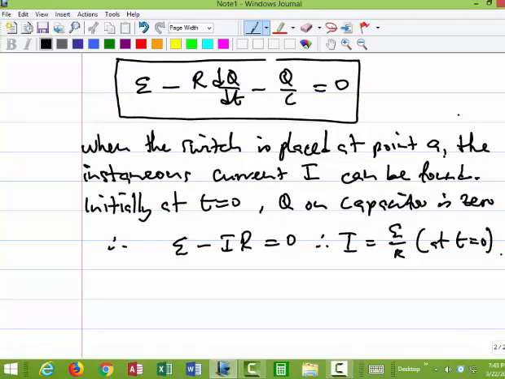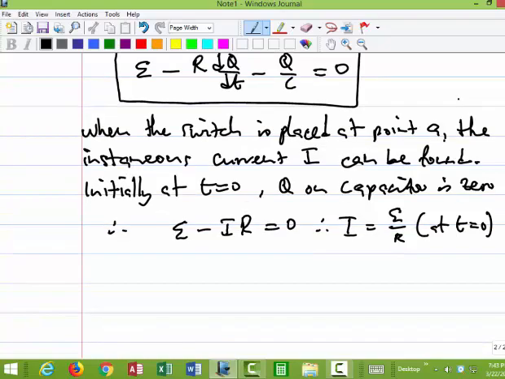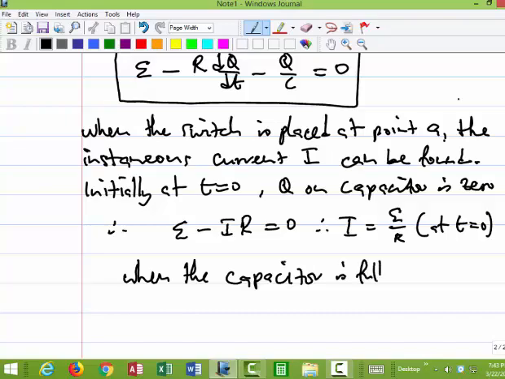And then the same way we can say that when the capacitor is charged to a maximum value, the current stops flowing. So when the capacitor is fully charged, the current goes to 0.